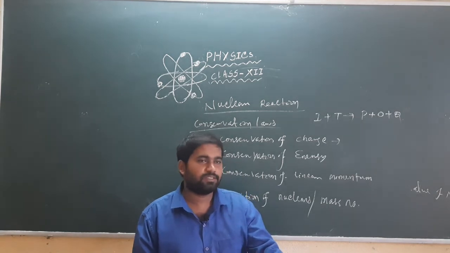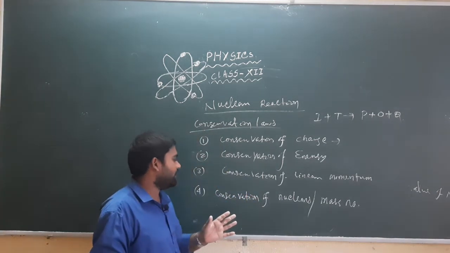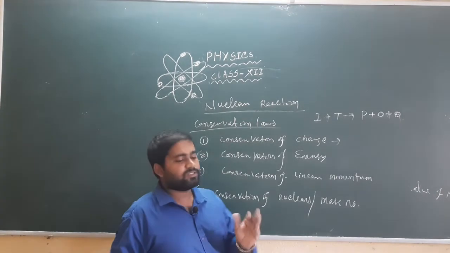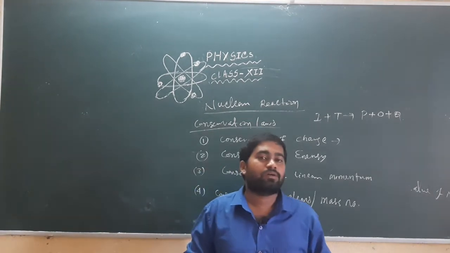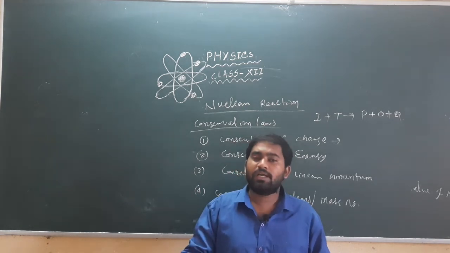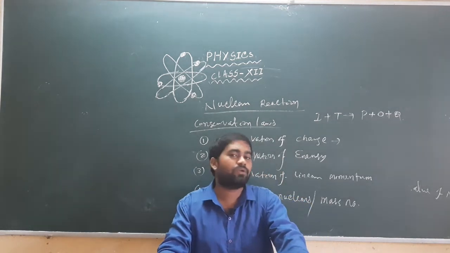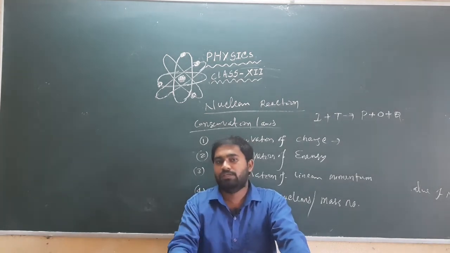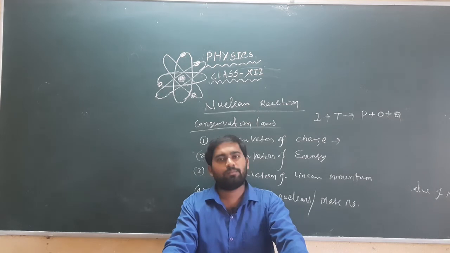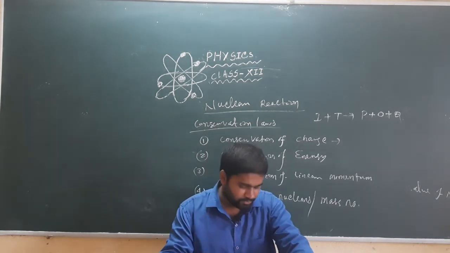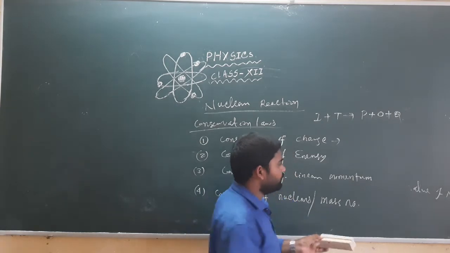Understand? Last is the conservation of mass number, or nucleon number. It says the total number of nucleons before reaction is equal to the total number of nucleons after reaction. Take a general scheme.